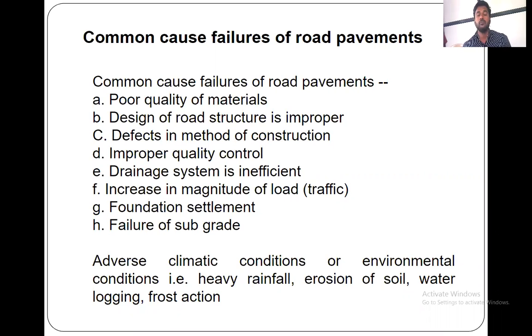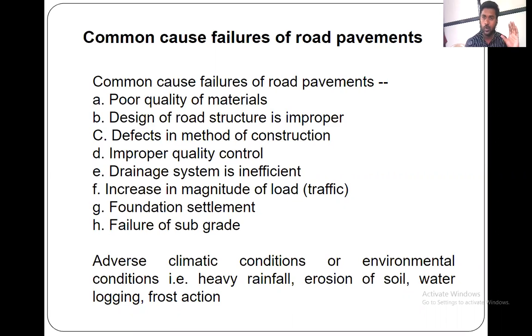Why is it there? Because we have not gone for the proper material, we have not gone through the proper compaction of that layer, we have not maintained the proper thickness of that layer, and we have not maintained the proper density of that layer. Dry density we need to check. We also need to check the water content. Optimum moisture content should be there.